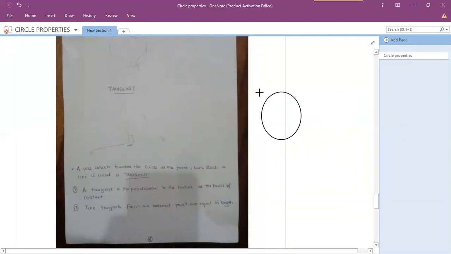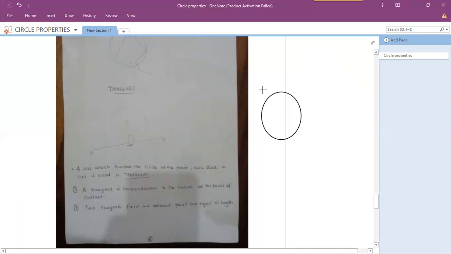Sometimes a tangent can touch a circle, and sometimes a tangent can touch a quadratic curve that you draw. So a tangent is just a simple line that touches a geometric figure at one point.